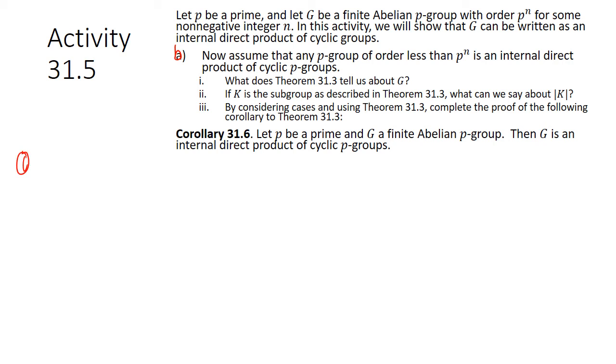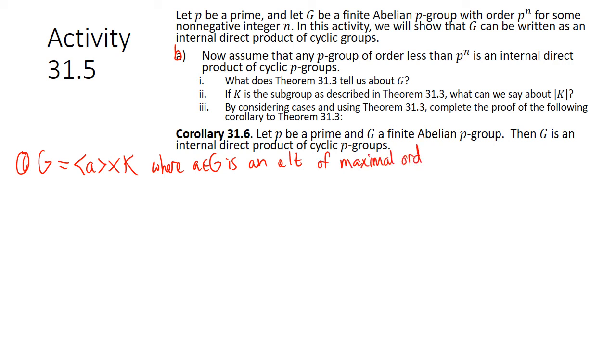So that tells us that G is equal to the cyclic subgroup generated by a times K, where a in G is an element of maximal order, and K is a subgroup of G. And then let's see.